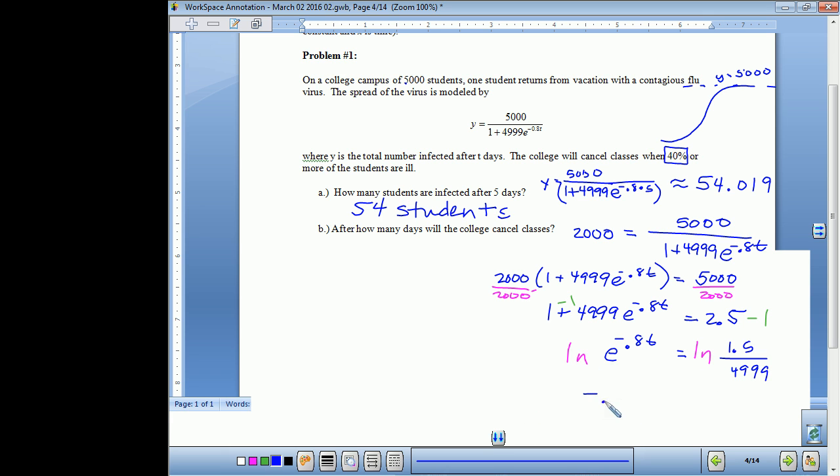So we're going to get 0.8t, because the ln of e is just 1, equals the natural log of 1.5 divided by 4,999. And so to completely solve, t is exactly equal to this algebraic expression that means nothing in context of a word problem until we actually divide.